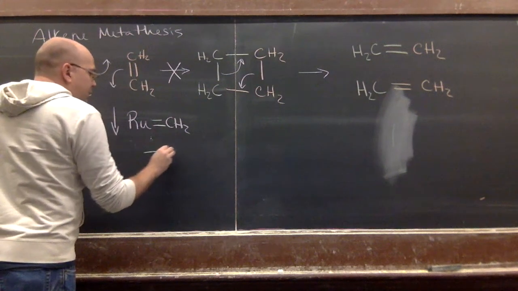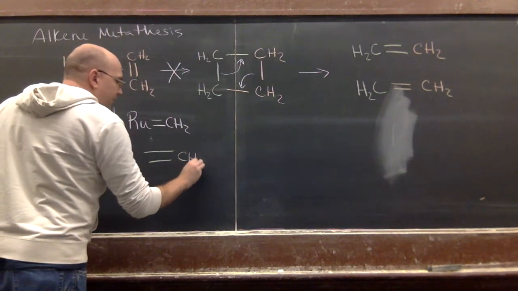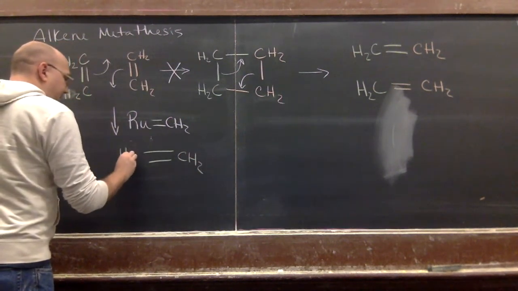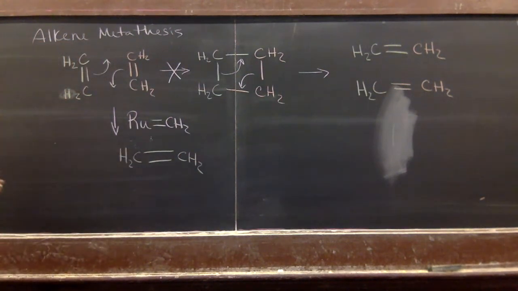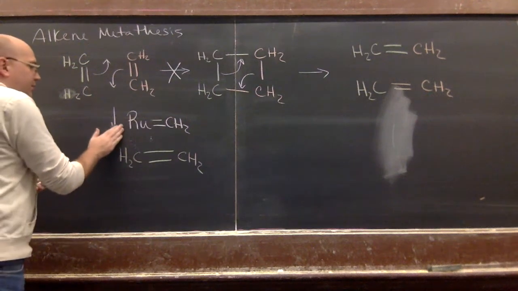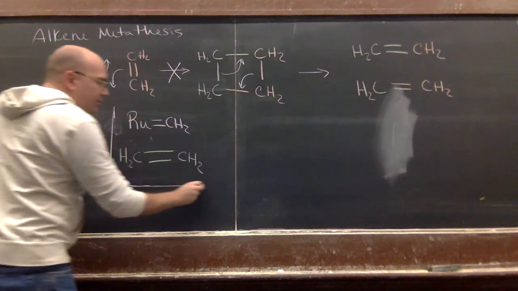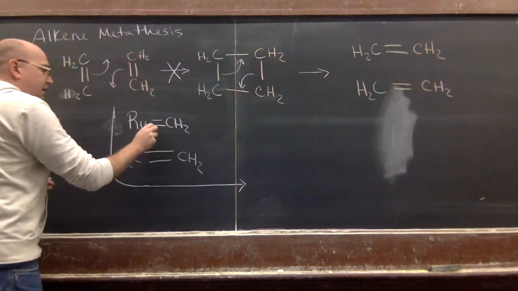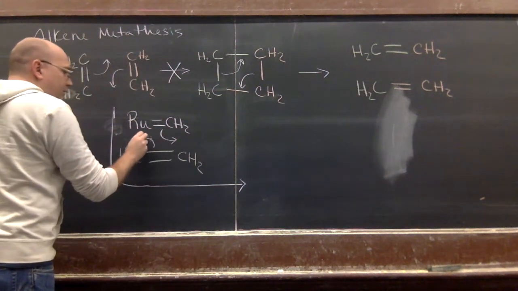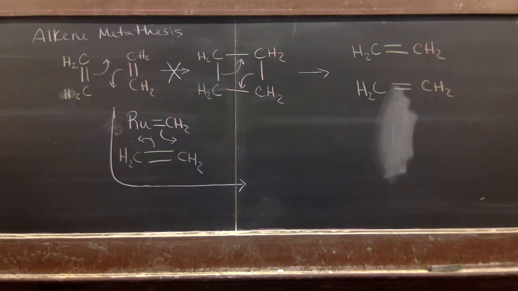I'll just draw this on its side. What happens in a ruthenium metathesis reaction is that now we can do a 2+2. Okay, so this can happen.